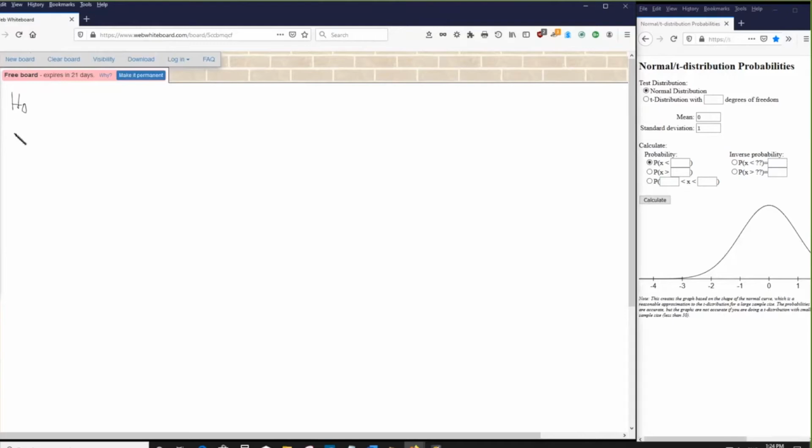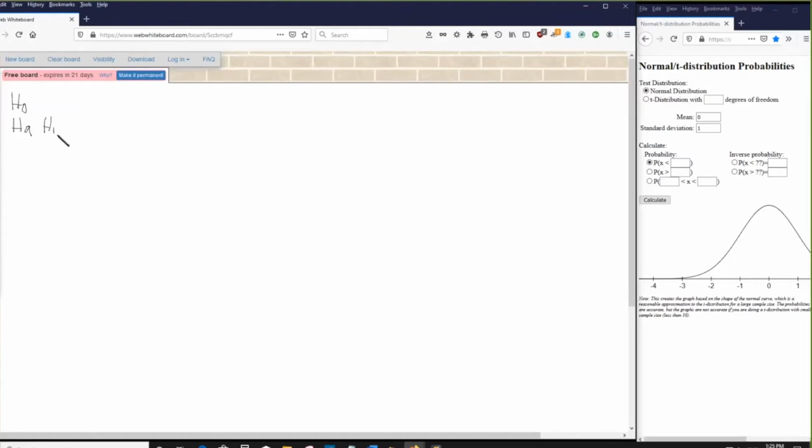Then we're also going to set up an alternative hypothesis, which is going to be the opposite, and that can be written as HA or as H1. It's called the alternative hypothesis, and it's the opposite of the null hypothesis, or what would be concluded if the null hypothesis is rejected.